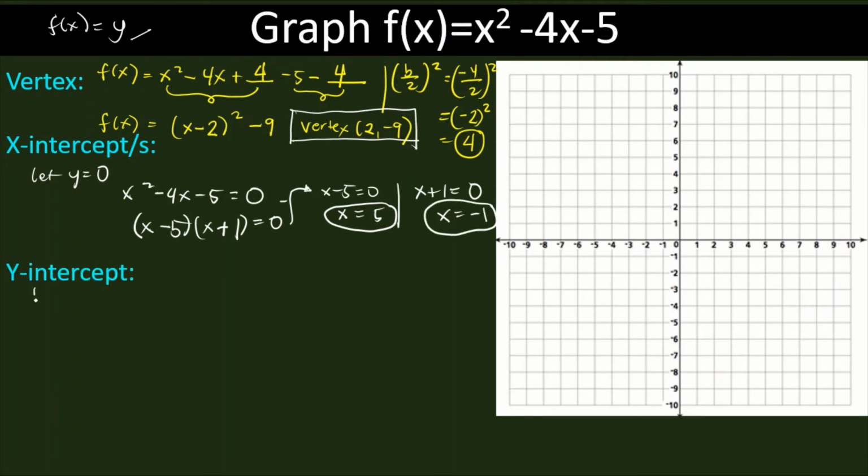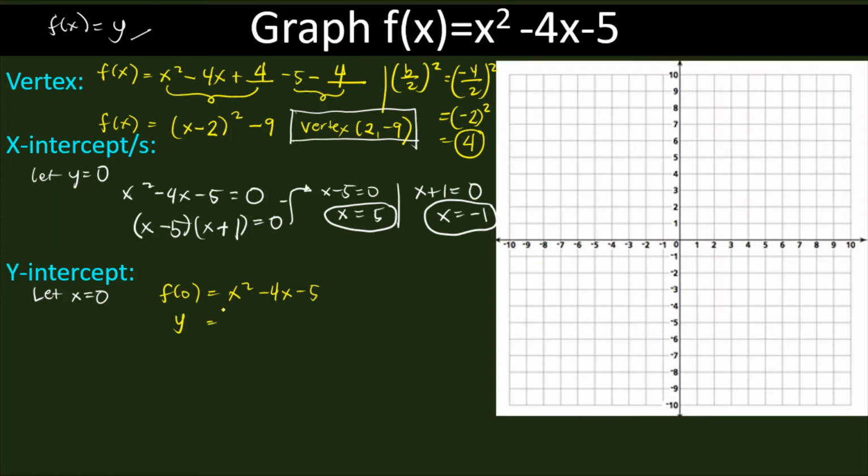To get the y-intercept, let x is equal to 0. So, in here, we have f of 0 is equal to x squared minus 4x minus 5. F of 0 is equal to y.